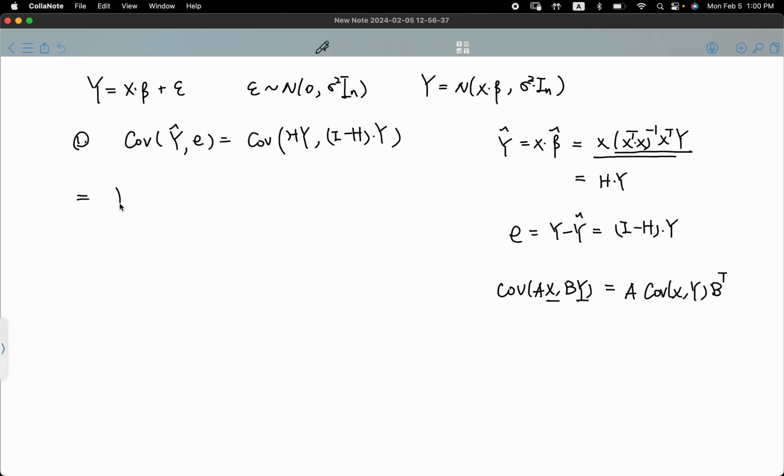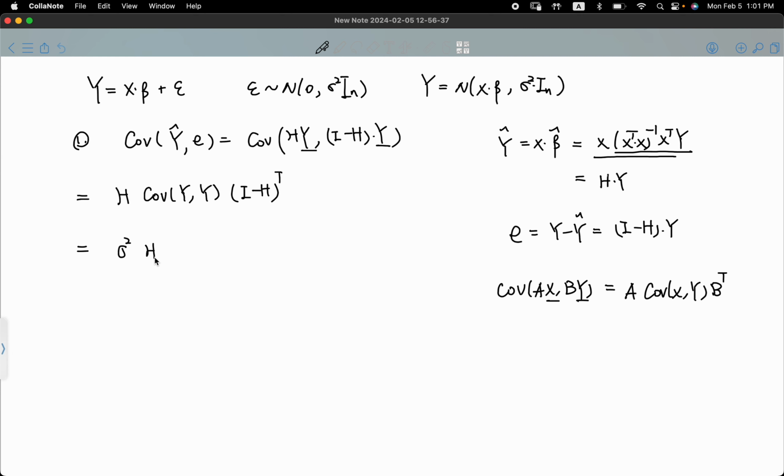That is equal to H times the covariance of Y and Y, the two random variables, times I minus H transpose. Here, the covariance of y and y is just the variance matrix of y, so it's sigma square identity of dimension n.